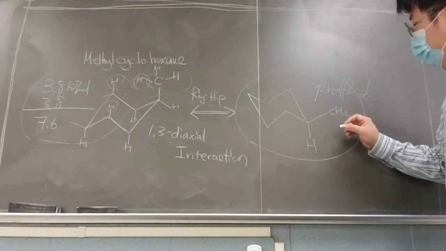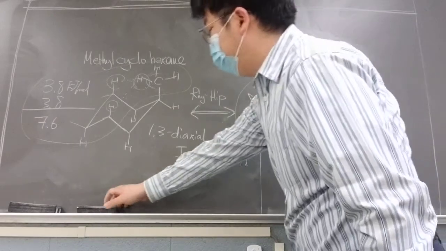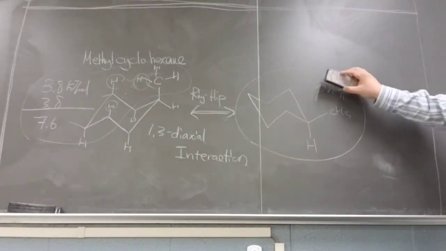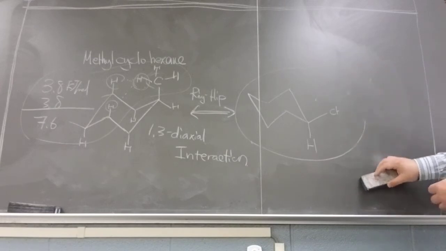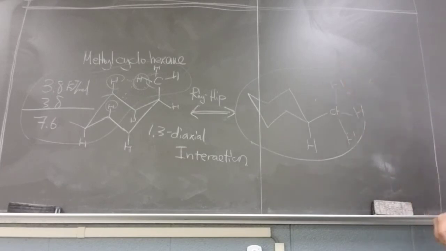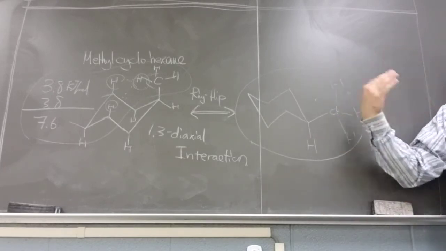So obviously, when you put the methyl group on the equatorial position going on this side, it'll be more stable because there'll be no spacing problem on this side.